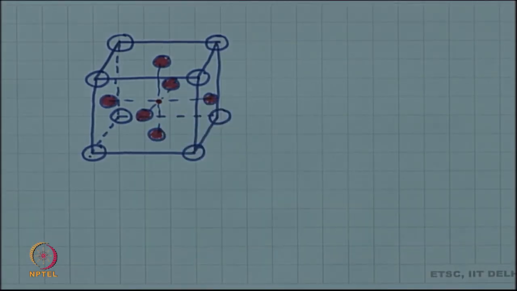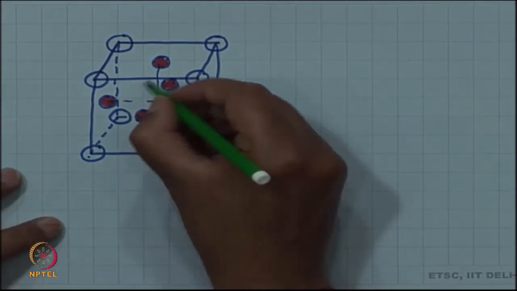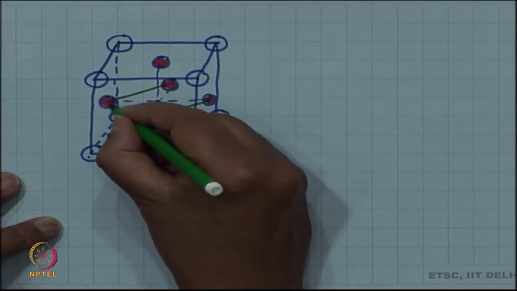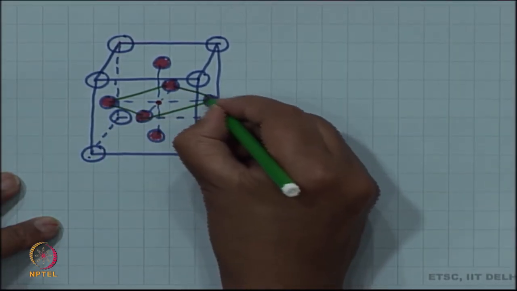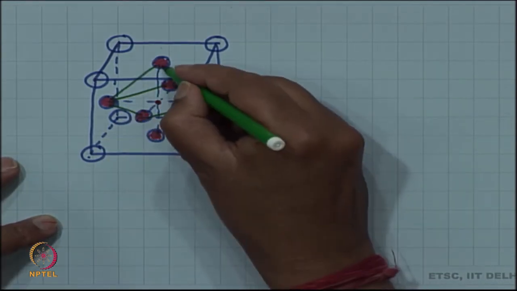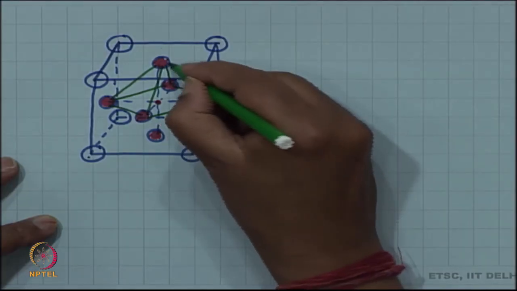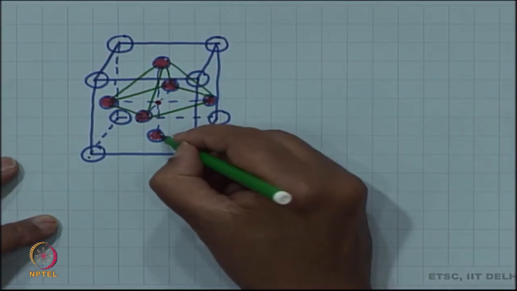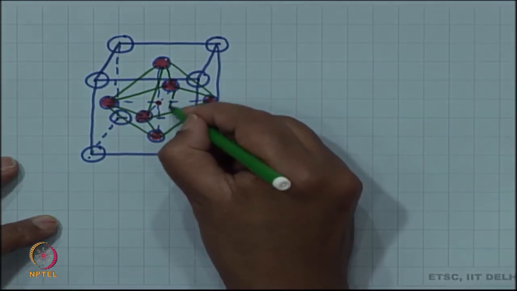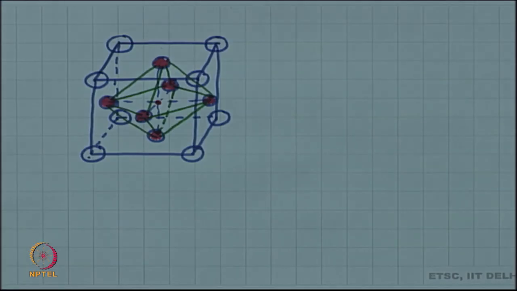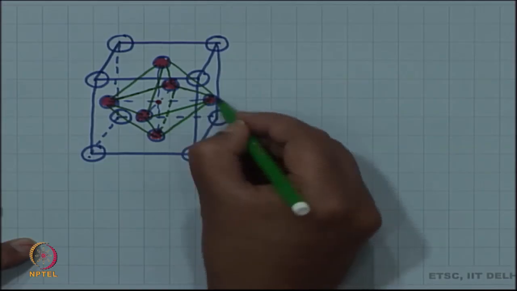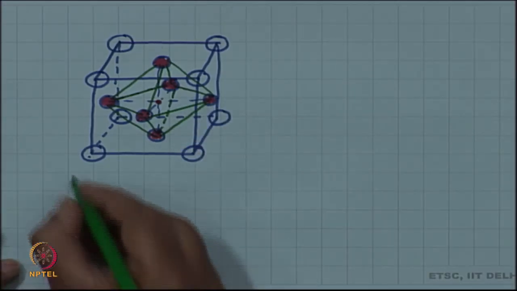If we join the 4 centers of the 4 horizontal faces, you get a nice square, and then the top and bottom give you the 2 pyramids that complete our octahedral void.